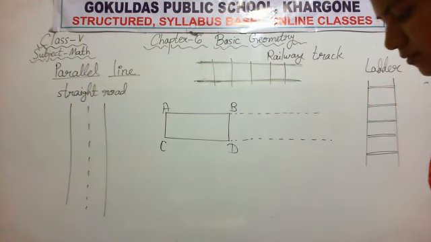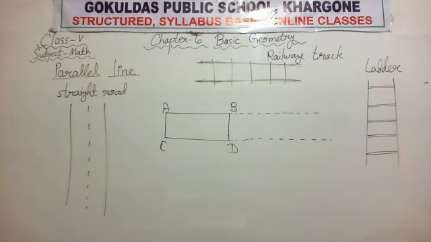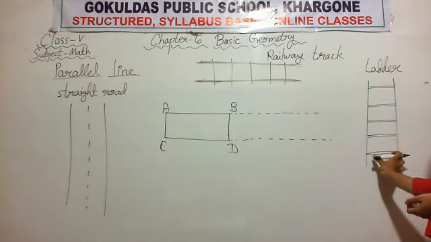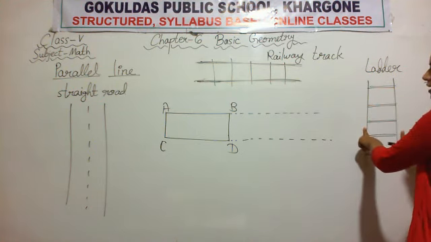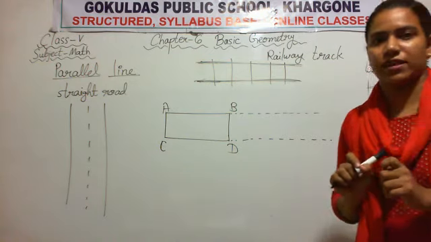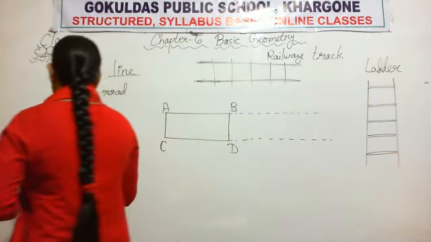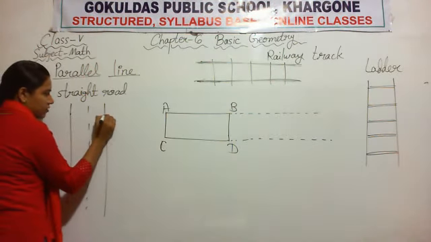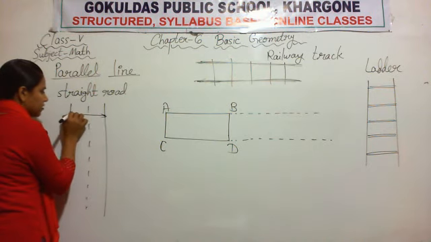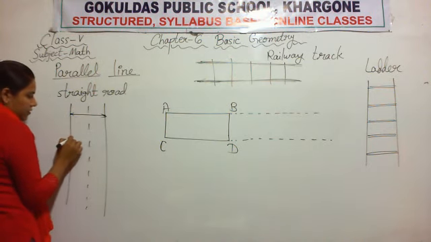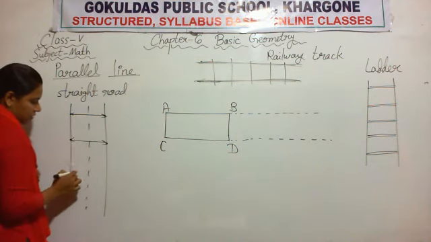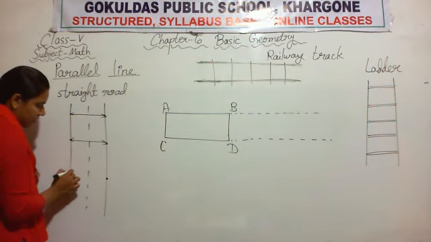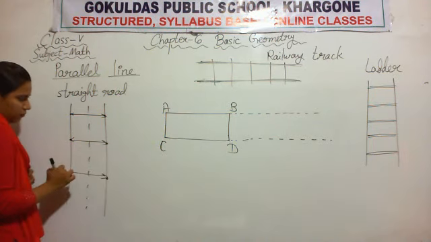Whenever you measure the distance between any two points of the parallel lines, the distance will be the same. Means if you measure the distance at these two points, and at these two points, the distance will be the same.